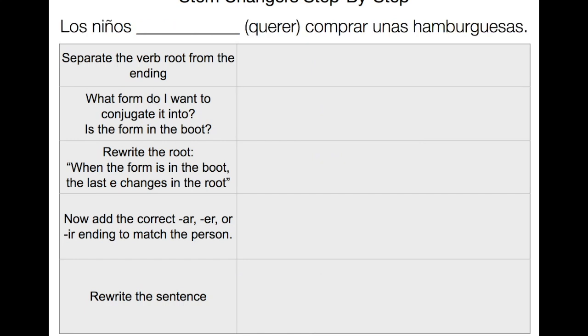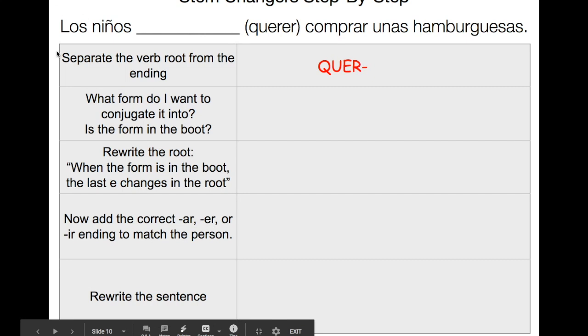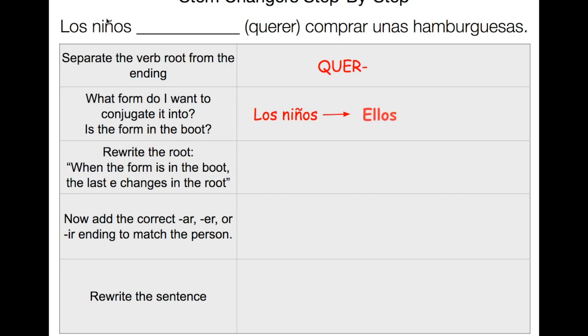Next, one last example. Los niños, the verb is querer, comprar unas hamburguesas. Separate the verb root from the ending. You are left with quer. What form do I want to conjugate it into? Look at the subject. The subject is los niños, which is the same as ellos. Is the form in the boot? Ellos is in the boot. Therefore, we have the stem change occur.